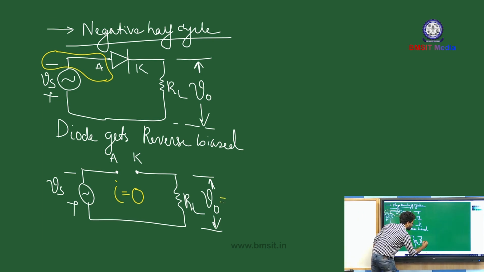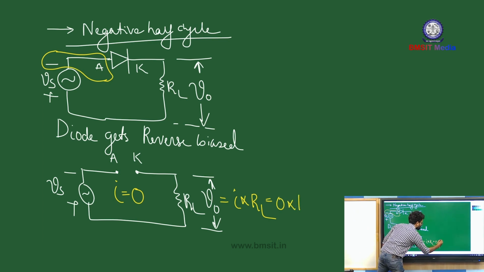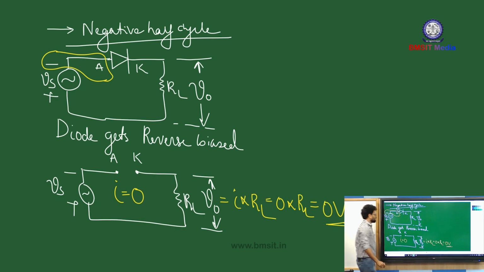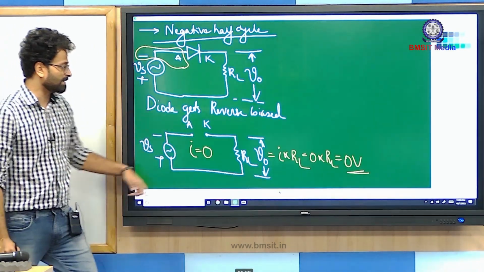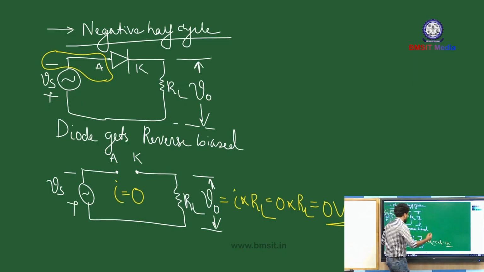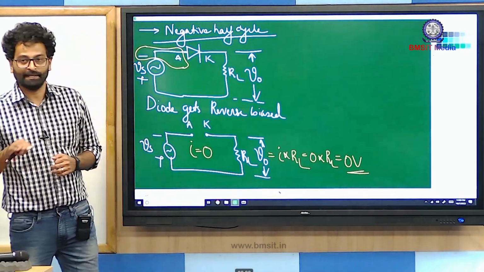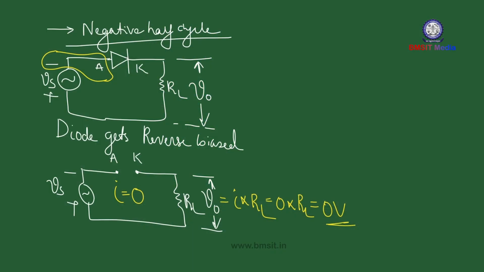And what is the voltage? The voltage is nothing but I into the load resistance, so it is 0 into RL, which is equal to 0 volts. Your output voltage during the negative half cycle is 0 volts. That means your output is clipped at the 0 volt level. So the entire negative half cycle is clipped at the 0 volt level.